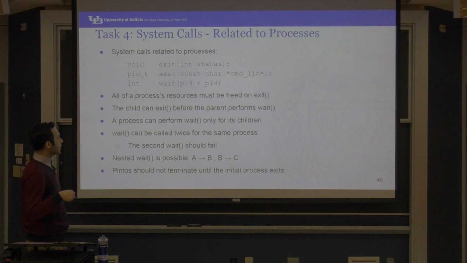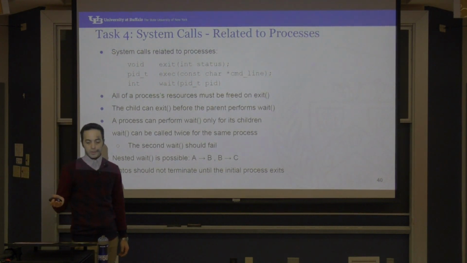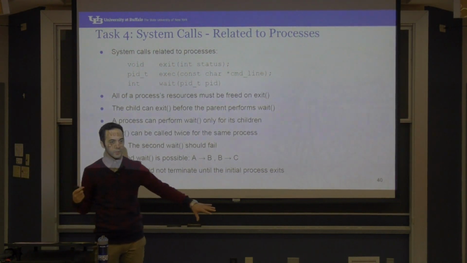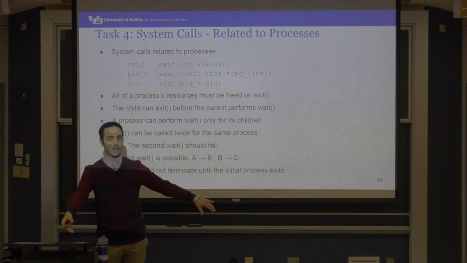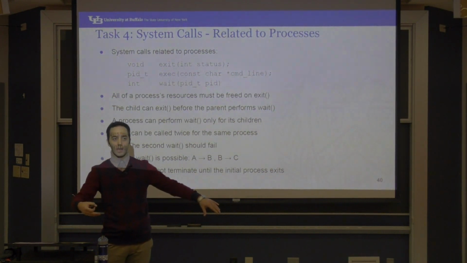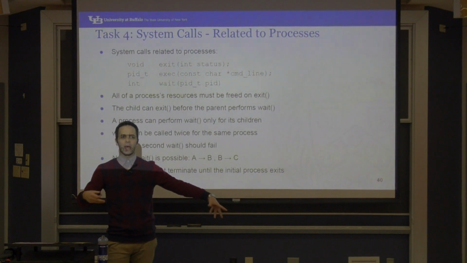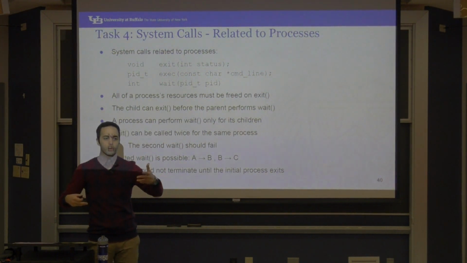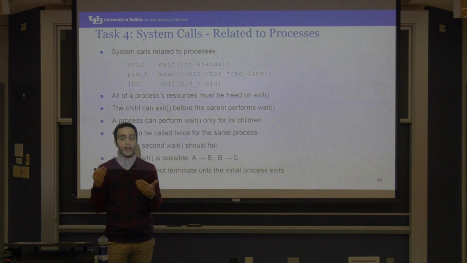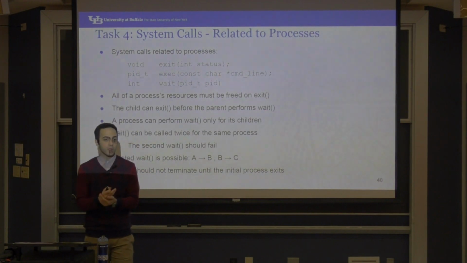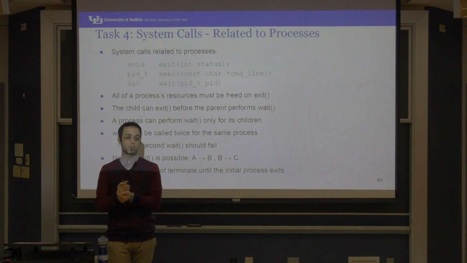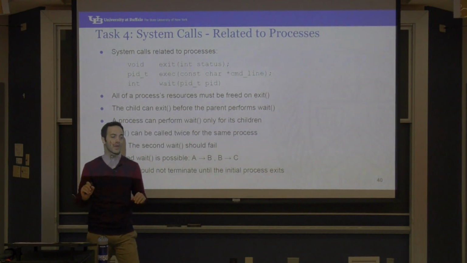And then a wait can be called twice. So if a process calls wait on its child, and then some lines down the road again calls the same wait on the same process, then you have to understand that the first time, the parent process should be blocked. So the parent process is not running anymore.